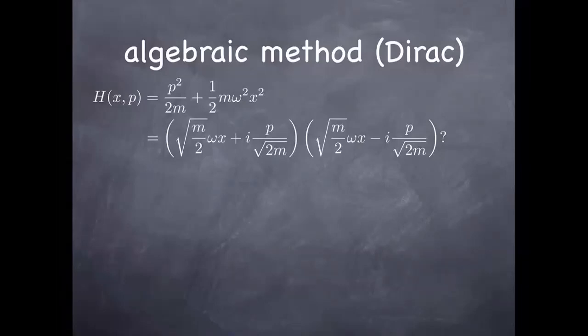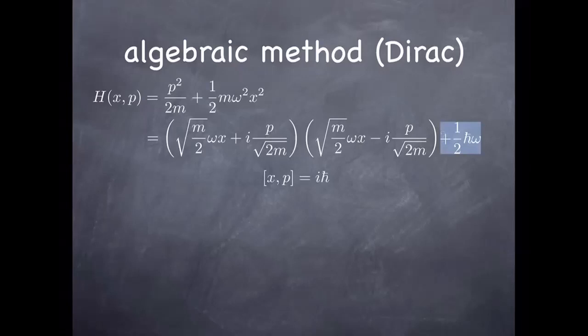So if you pay careful attention to the fact that x and p do not commute, you have to be very careful about the ordering between x and p, because the commutator is given by i h bar. This is not quite right. There's a little bit of correction to this. That turns out to be this half h bar omega. And you recognize this as the zero-point energy for the harmonic oscillator.